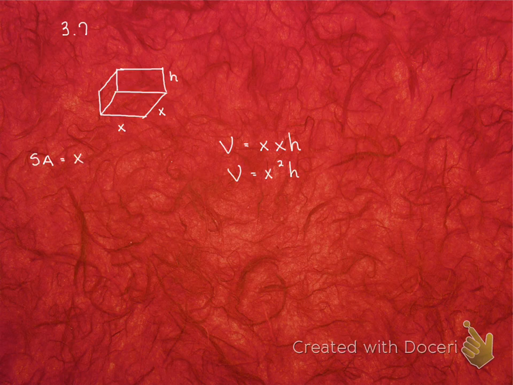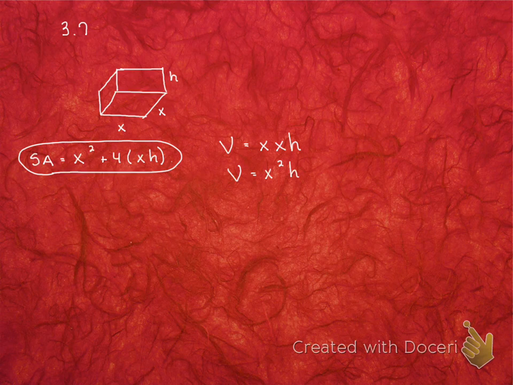The area of the base is X squared, because the base is a square and area is X times X. And then we have four sides that each have an area of X times H. Now we need to use this equation to solve for one of those variables in order to plug back in over here.